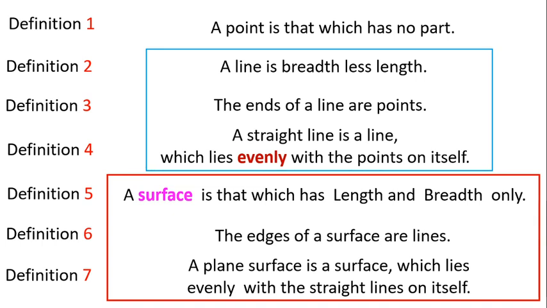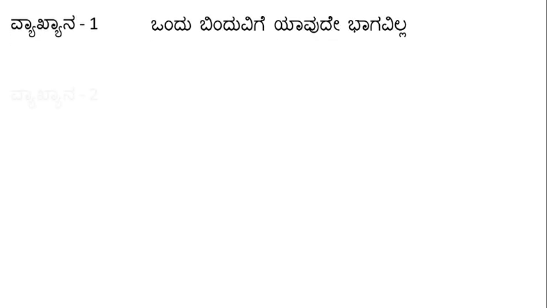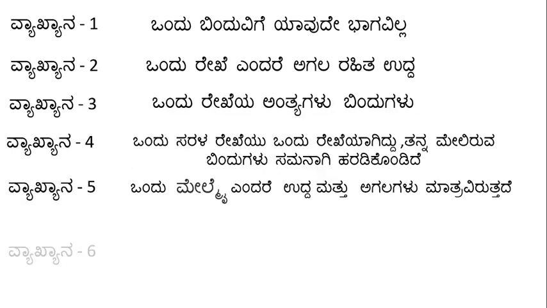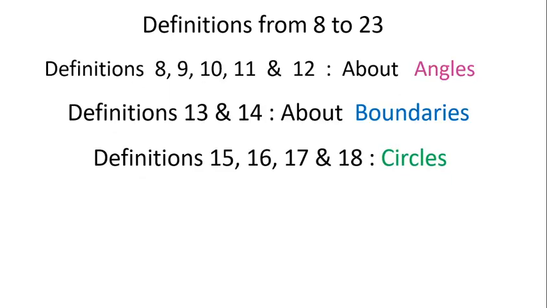This is how he has planned the first 7 definitions. Okay, the same thing you are seeing in Kannada also, children. Okay, fine. From 8 to 23, there are more definitions are there.